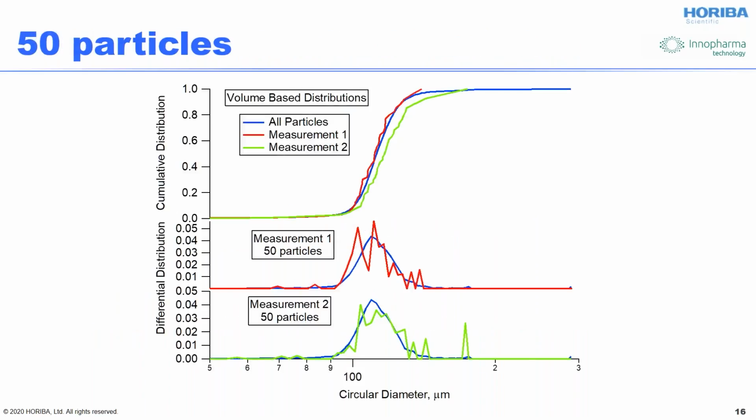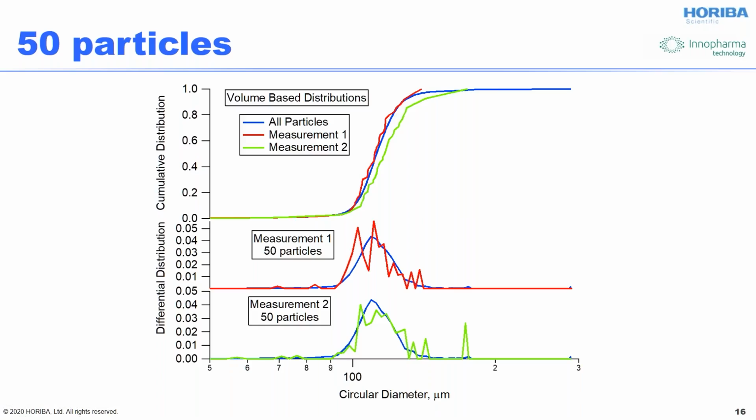Well, a question becomes somewhat more practical. Does this work? What does it imply for measurement? And what we did was we measured thousands of particles and made it just a table of particle number and particle size. So you have a cumulative distribution in the upper graph in blue, that's the overall underlying material.